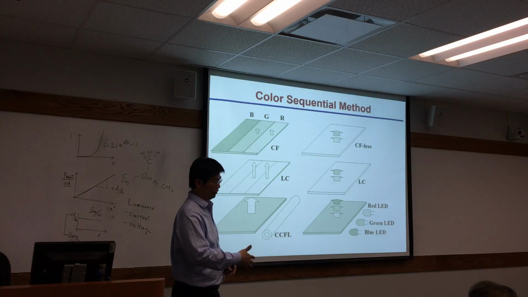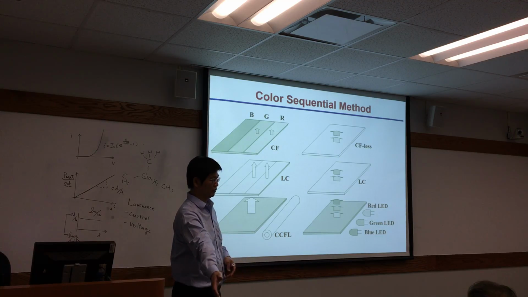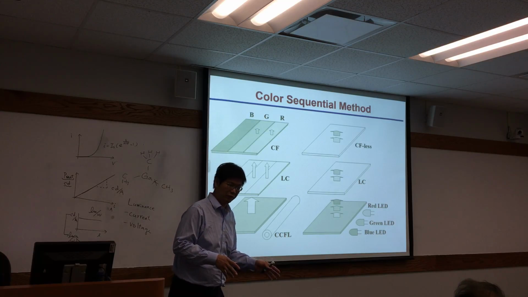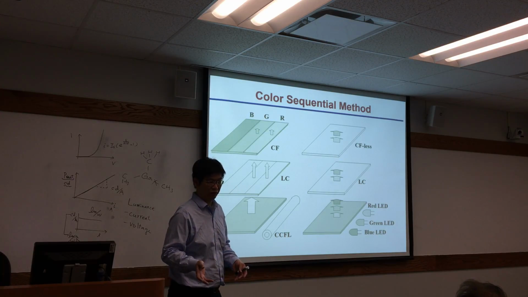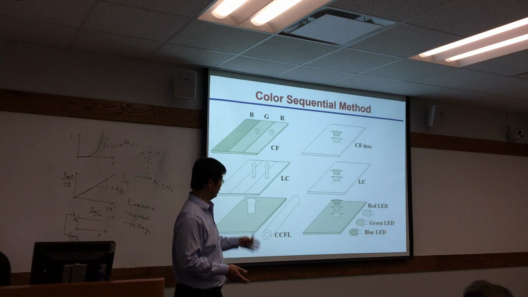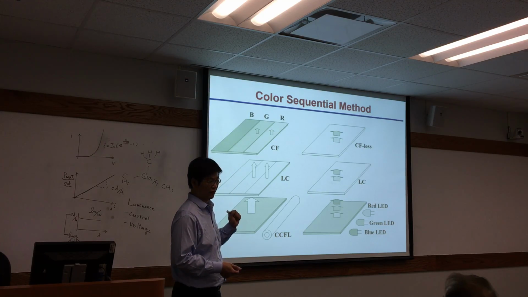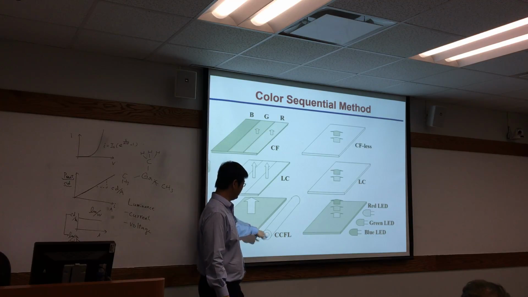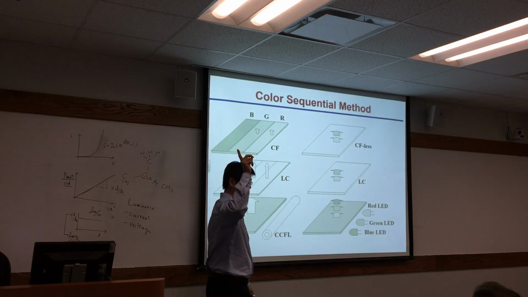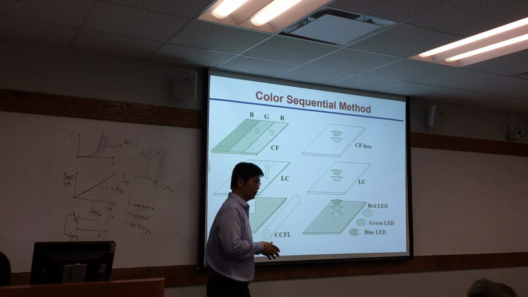And right now, the efficiency of LED improved a lot. So right now, I think maybe 60–70% of LCD displays use LED. It's probably 100%. Yeah, because CCFL is the fluorescent lamp, something like that, and there's some mercury inside.